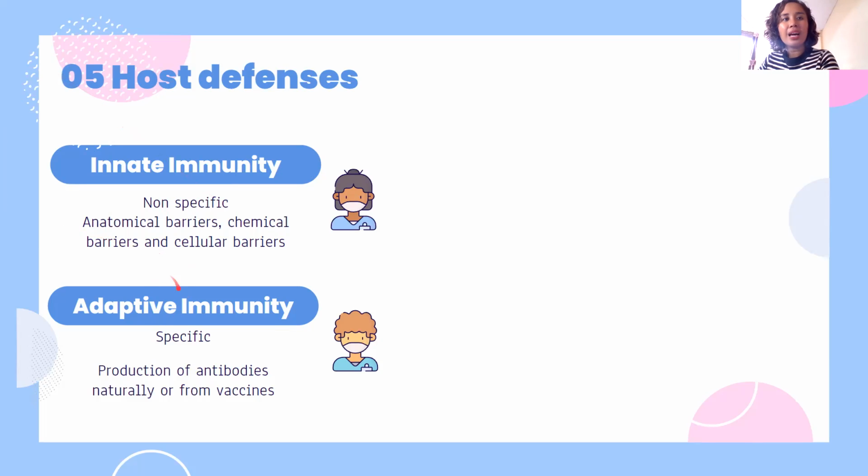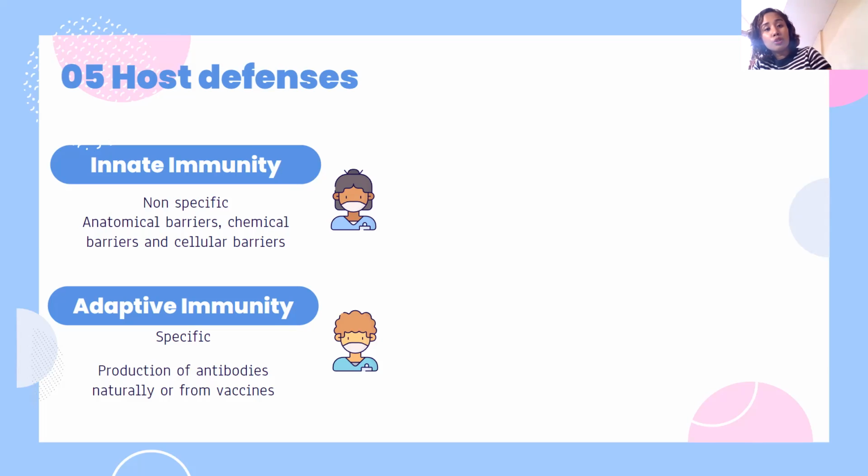And we have adaptive immunity. These are very specific. The main actors in adaptive immunity are your antibodies, and your plasma cells are the ones that produce antibodies. And so you could get antibodies when you have a disease naturally. So kunyari kung may COVID ka, pumasok yung COVID virus dito, your body will create antibodies for you.